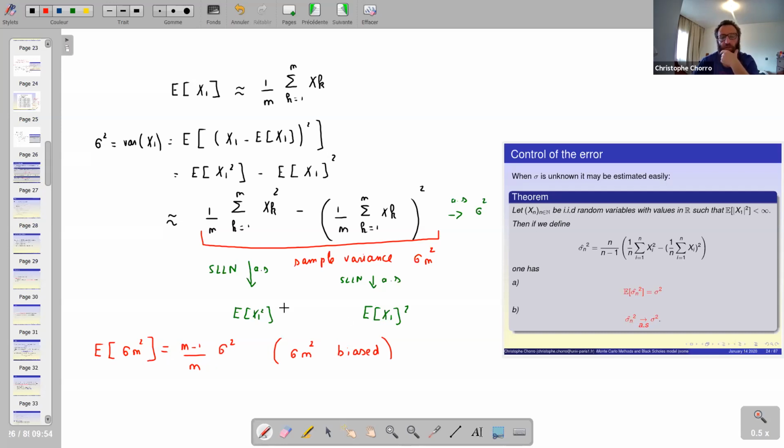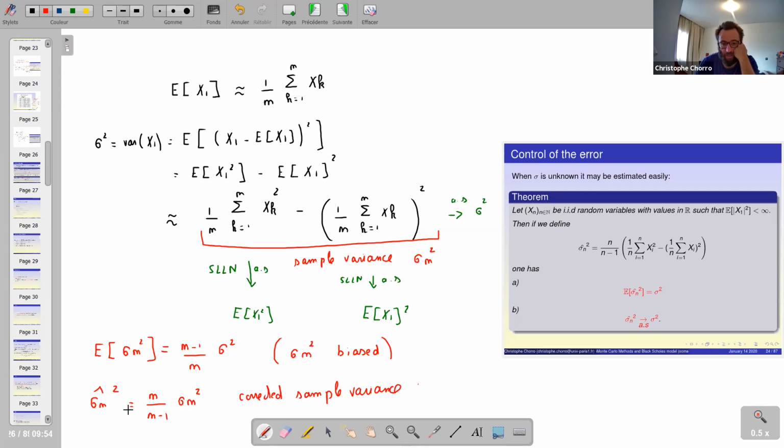And so that's why we defined a new estimator in order to remove this bias. A new estimator that is equal to n over n minus 1 sigma n square, we call the corrected sample variance. And why do we do this?